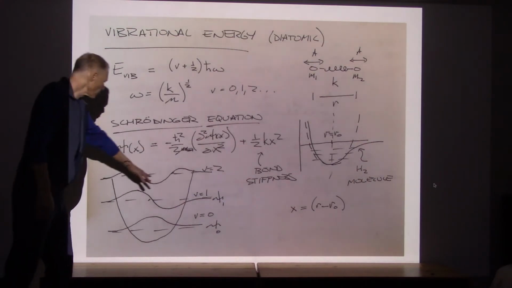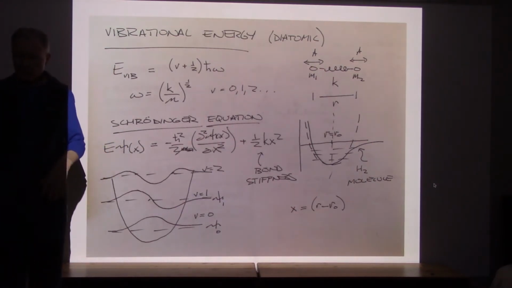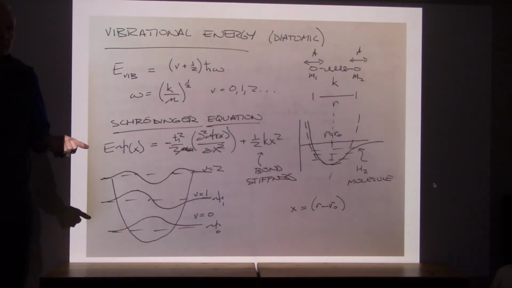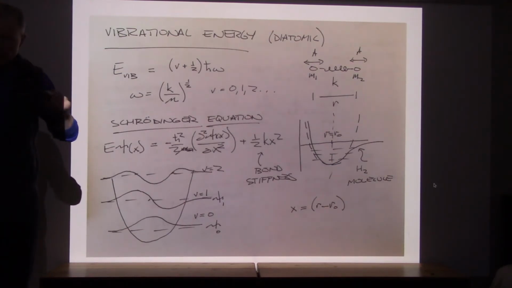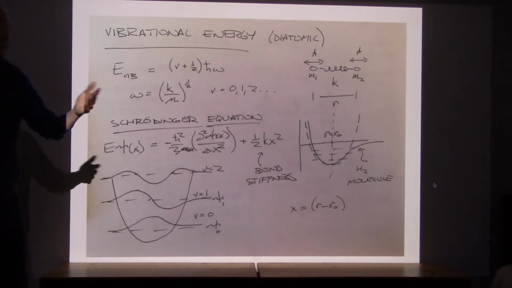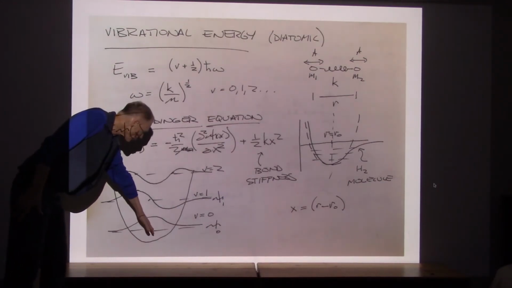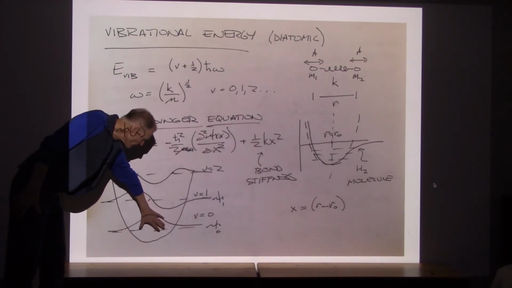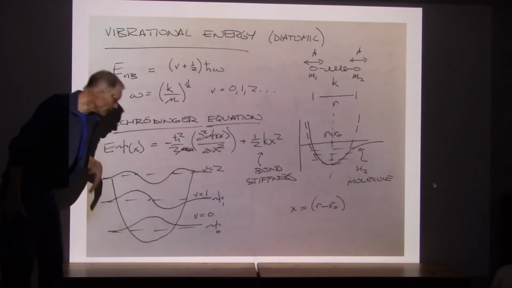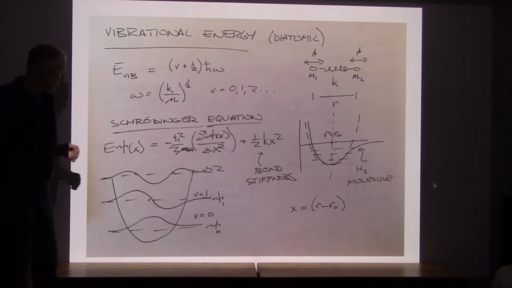And then once you're outside those regions, since the potential here is finite, it's not infinite, we're going to have exponential drop-offs. In any case, for that 0th quantum state, most of the amplitude is in the middle, and that means most of the probability will be in the middle.